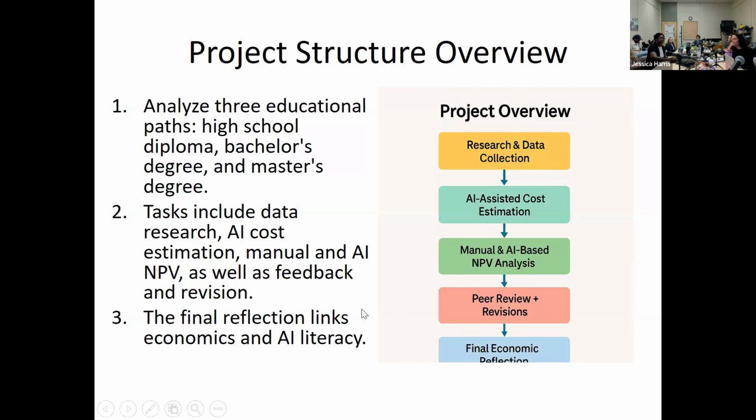And then they would calculate the NPV, the net present value of their future stream of income for high school separately, bachelor's degree and then a master's degree. And then they would do it manually and then with the AI, and then they would revise or review critically whatever the AI output is.